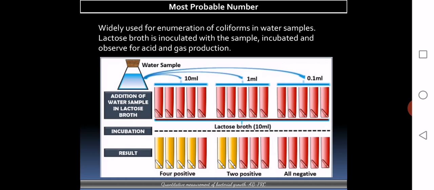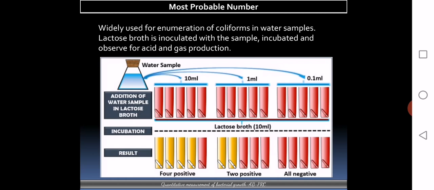The acid production is detected with the help of the pH indicator incorporated in the media, and the gas production is detected with the help of Durham's tube, which we keep in the tube in an inverted position. So any gas production will be detected with the help of this Durham's tube.